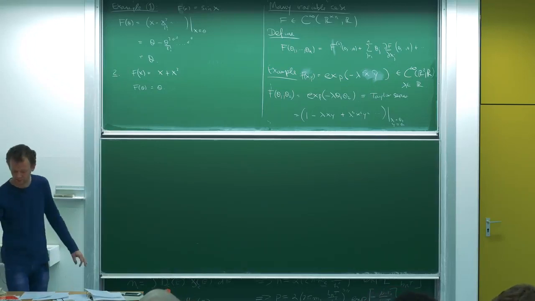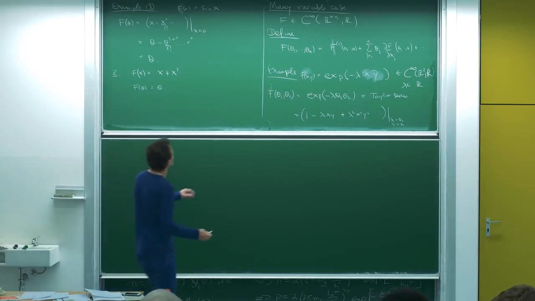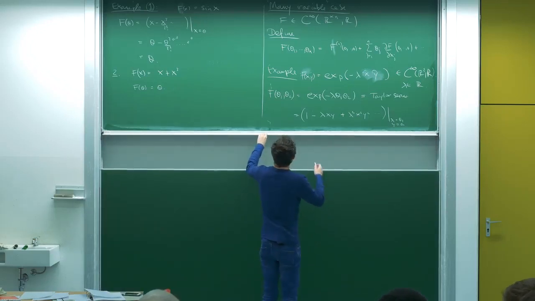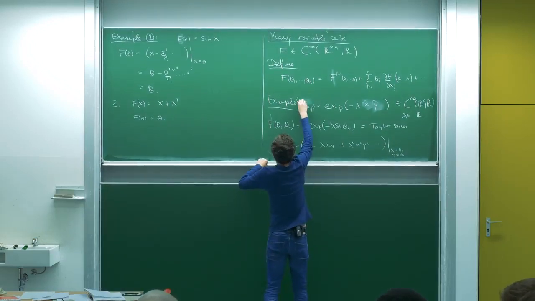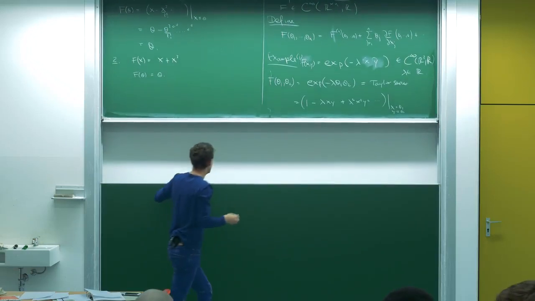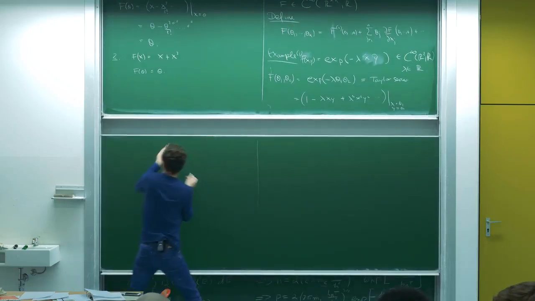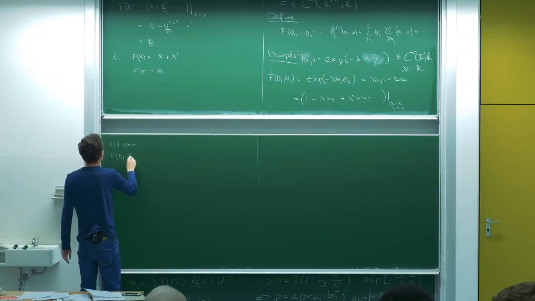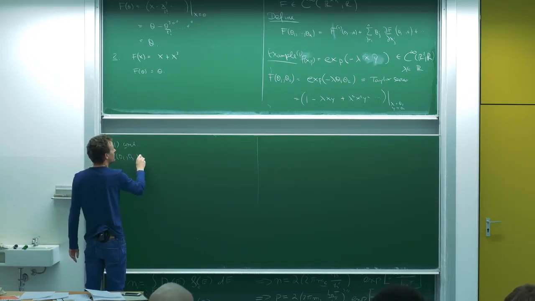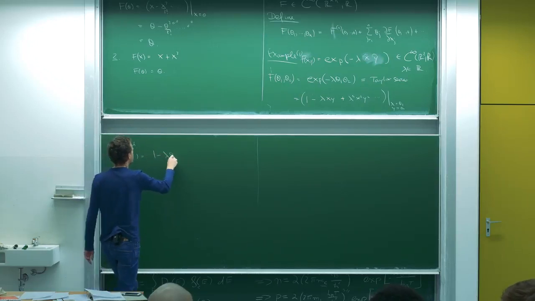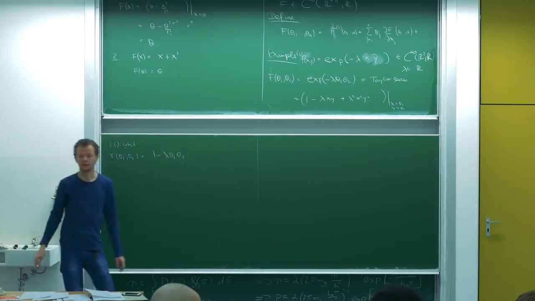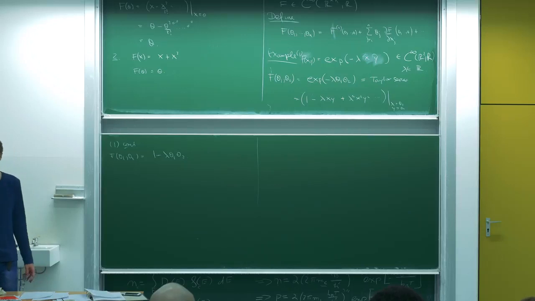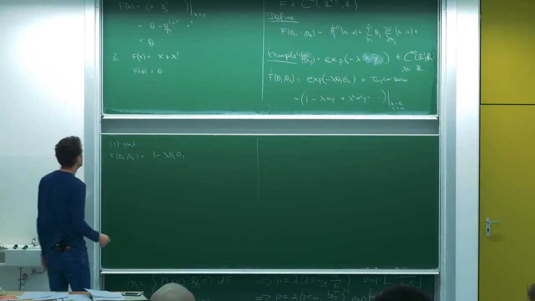Actually, I lied. We'll do 2 functions. This is still example 1. I'll continue with example 1. Okay, that was easy, right? Because the Taylor series just vanishes for all the higher order terms.